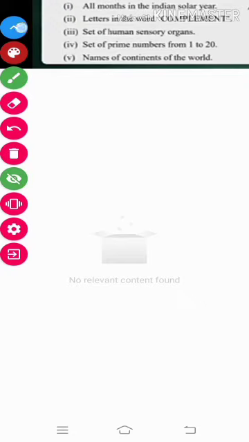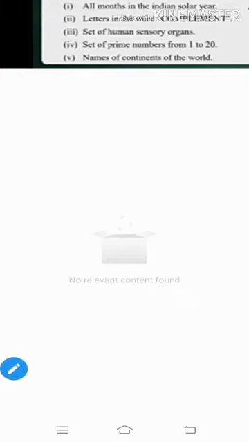So students, our next question is set of human sensory organs. For that we take C is equal to, there are 5 human sensory organs. What are they? Eyes, ear. After every element you put a comma.